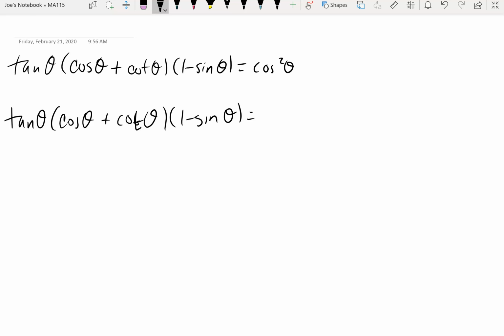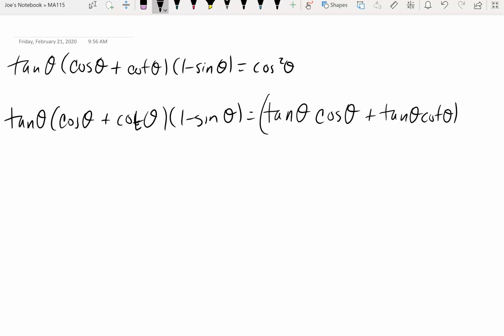I think what we'll do first here is distribute, maybe. So we would have, I'll distribute this one first through the first one. So we would have tangent of theta, cosine of theta, plus tangent of theta, cotangent of theta.